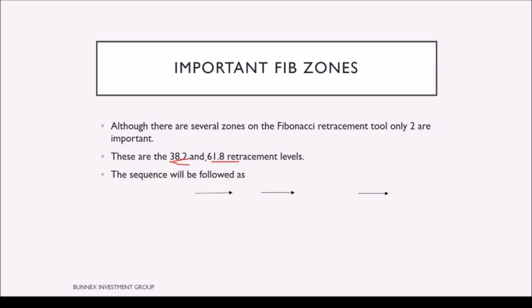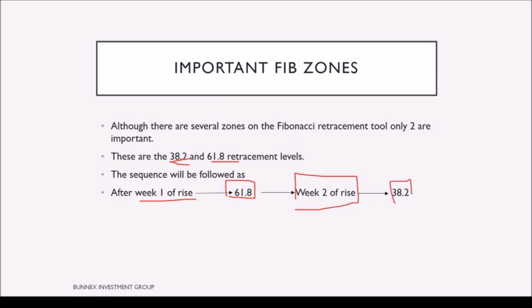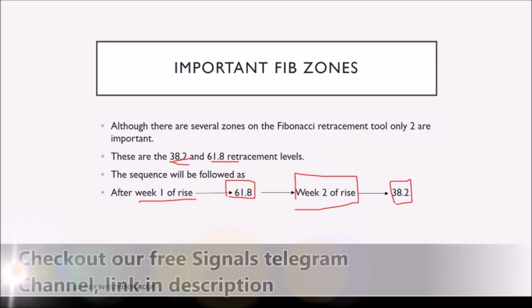So the sequence will be as follows. After week 1 of rise, we expect the price to retrace to 61.8. Then after week 2 of rise, we expect the price to come to the 38.2 retracement level. Basically that. So the first thing we have to do is get the high of this week using the methods that we discussed in part 2 of this course.